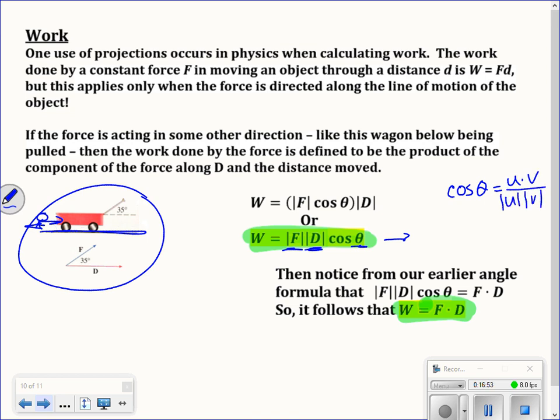If you move these two pieces up there, it looks like this. That leads you to this other formula, where the work is also equal to the dot product, because everything goes together there. So these are our two formulas that we can use.